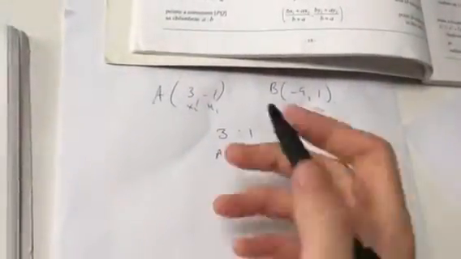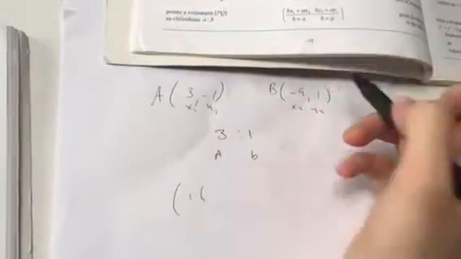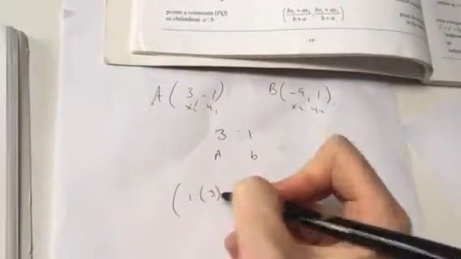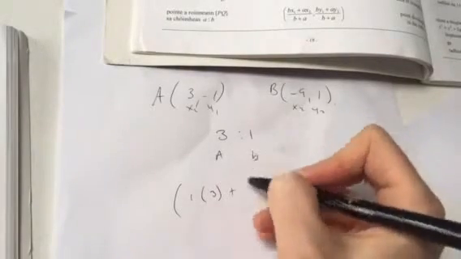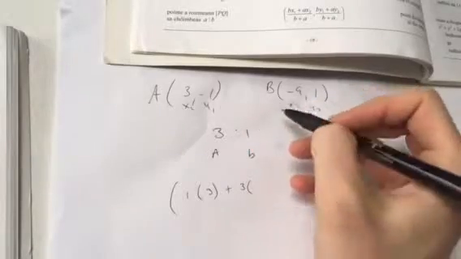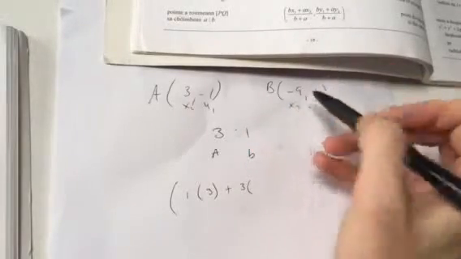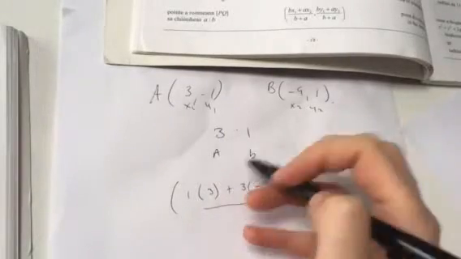I get my formula from the log tables and open my bracket, so it's B times x1 plus A times x2, all over B plus A.